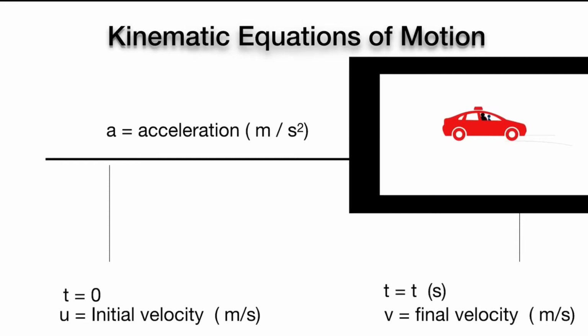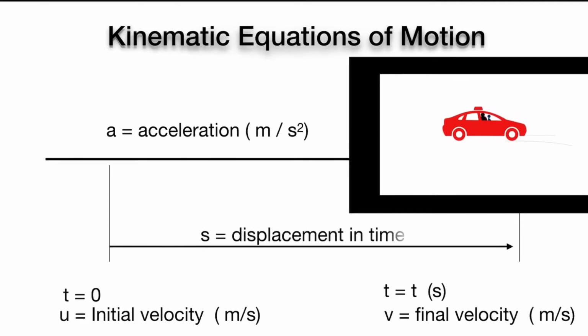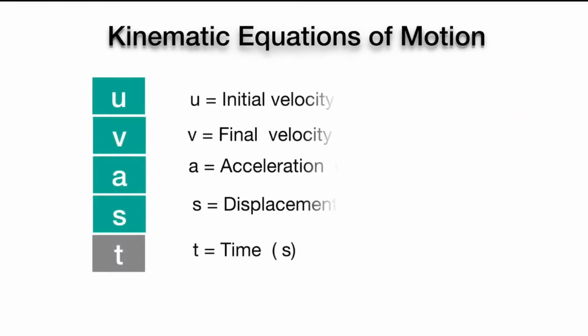Now the distance traveled during this time period t is given by s in meters. Since this is one-dimensional motion, the displacement is the same as the distance traveled. So here we saw there are 5 different variables.